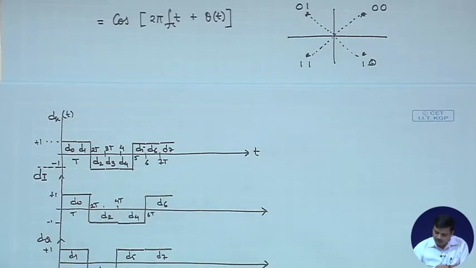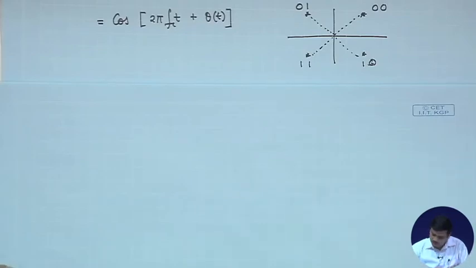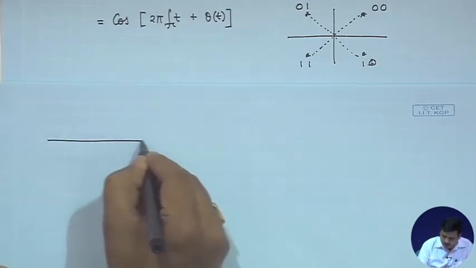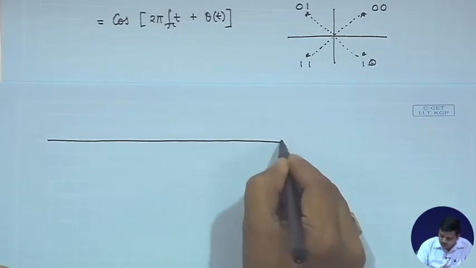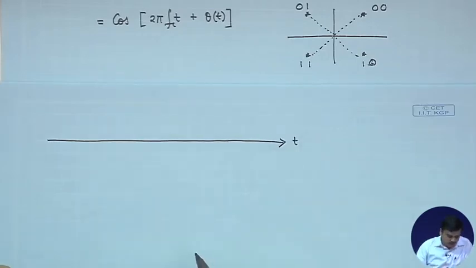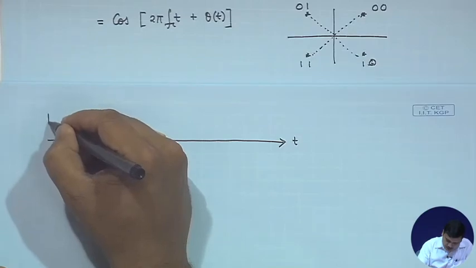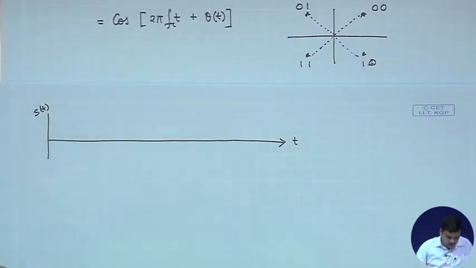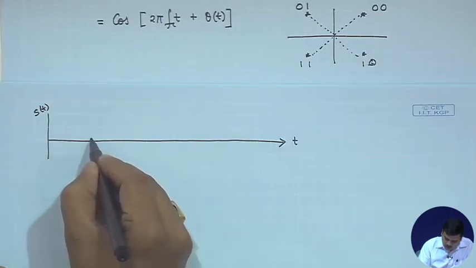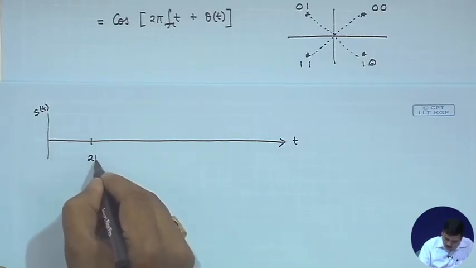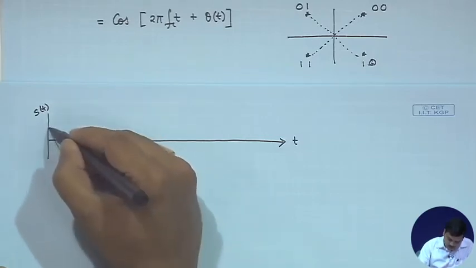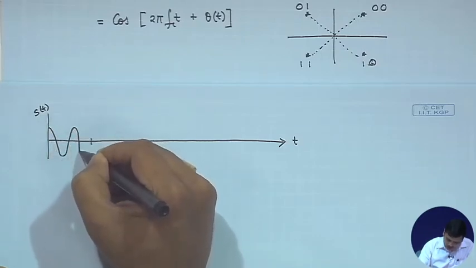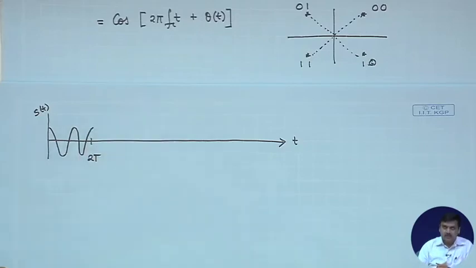That means we could now draw a phase change diagram for QPSK. So, if this is our time axis t, and in this axis we would like to draw s of t. In the interval 0 to 2t you could get a wave shape which is, let us say, this, right.